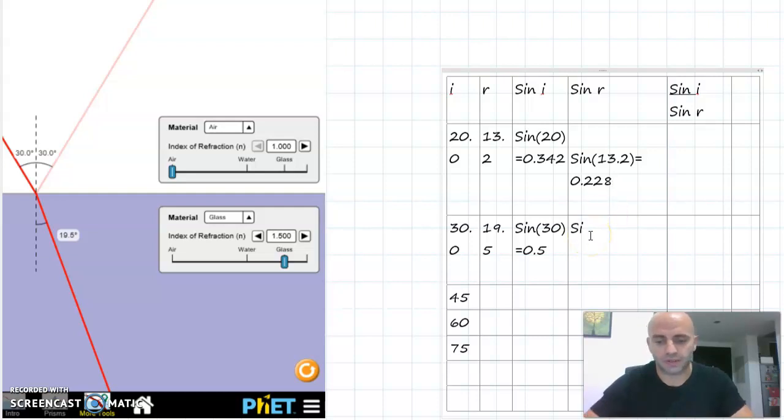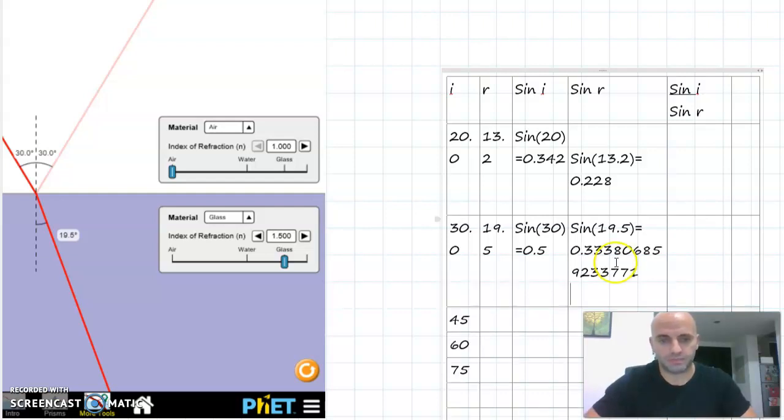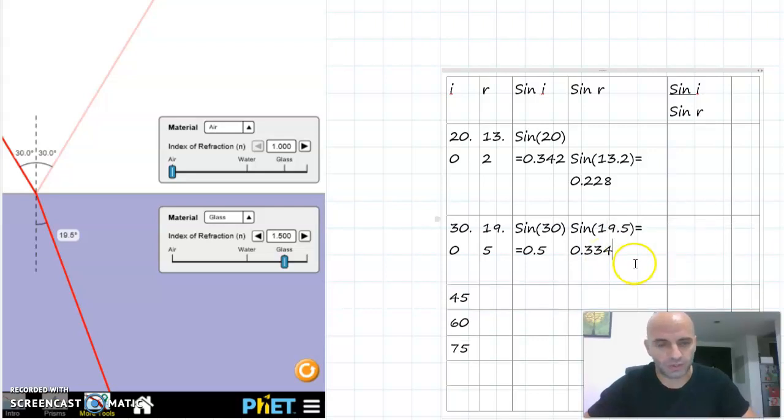And the sine of 19.5 degrees. Again, I've got way too much, so I'll make that a 4, rounding up. Okay, so I've got two numbers to make a start with.